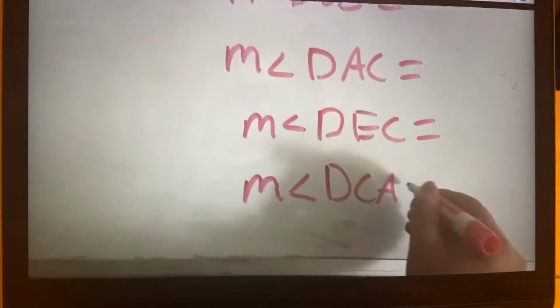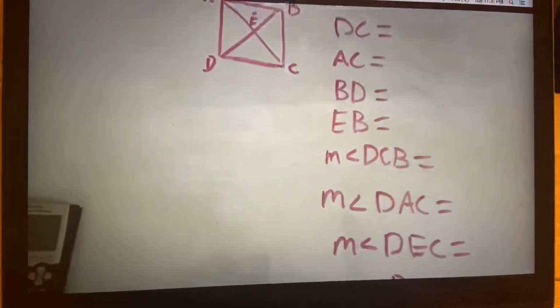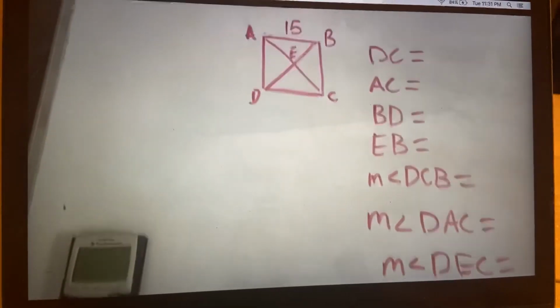Okay, so we have quite a bit of measurements to find, right? Given the problem, let's just do equal signs, and we're only given one measurement, which is AB, which is 15. Don't worry, y'all.